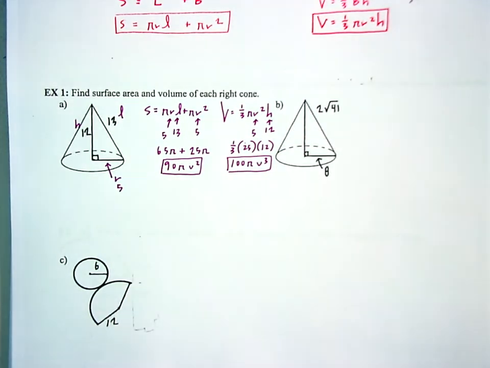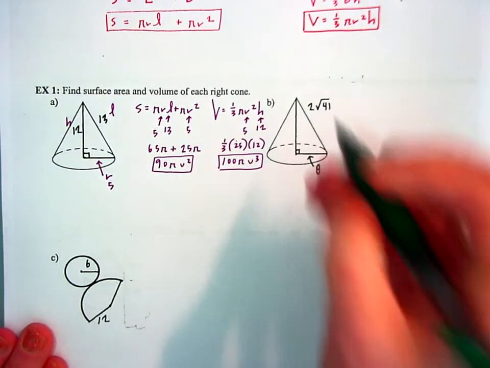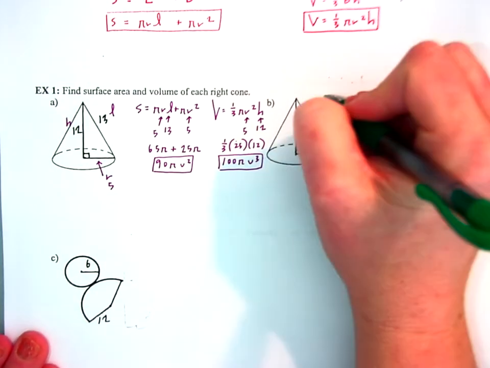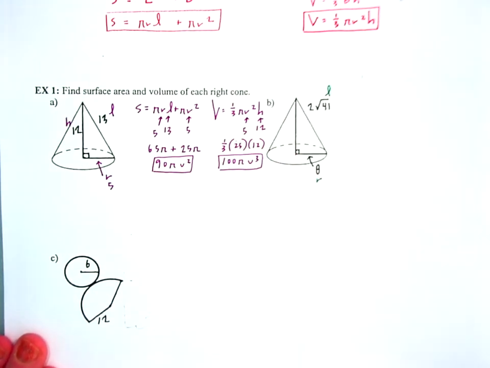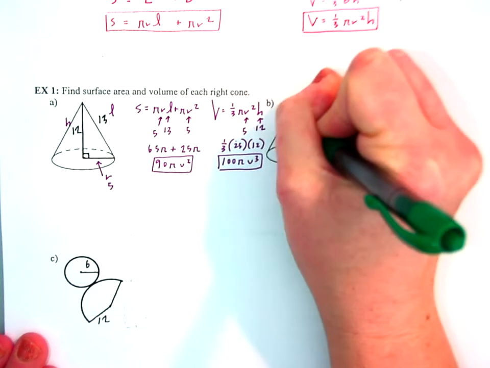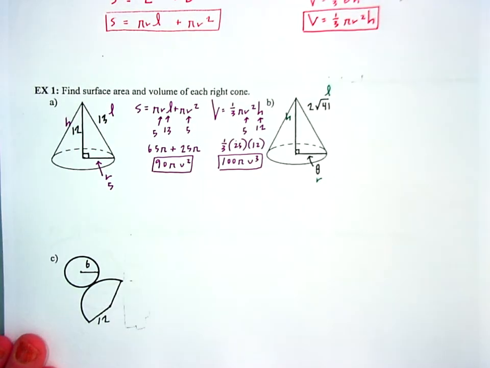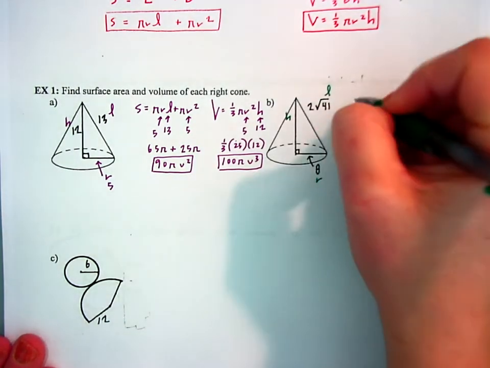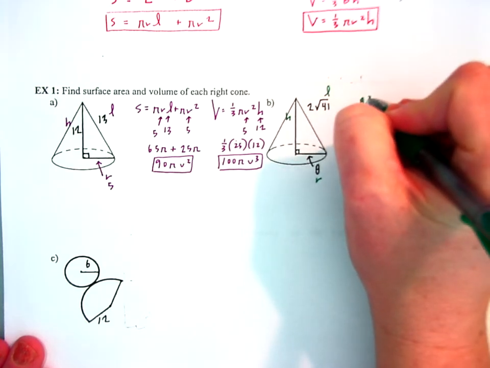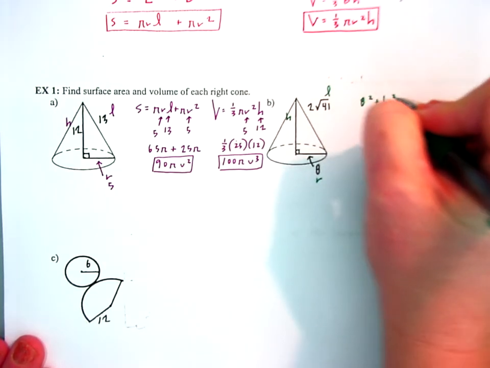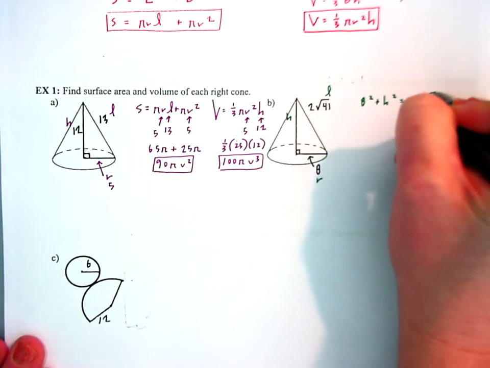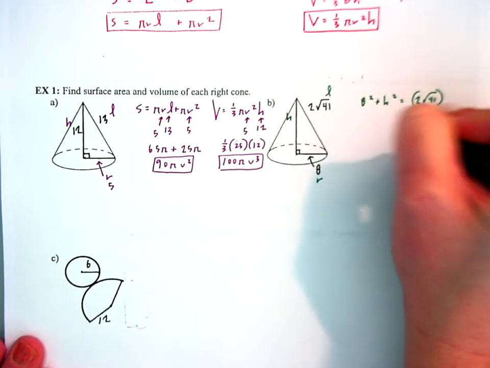All right, in my next model here, I see my radius is 8, my slant height is 2 root 41, and I'm going to need my height. Here I don't recognize the common triple at all, so I'm going to go ahead and use the Pythagorean theorem. So I have 8 squared plus my height squared equals 2 root 41 squared.